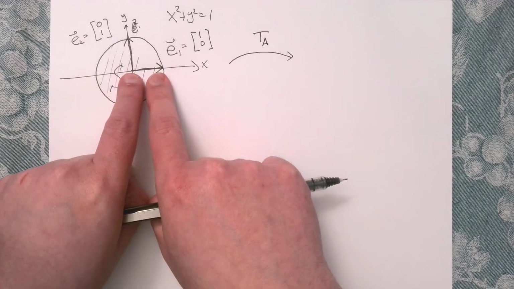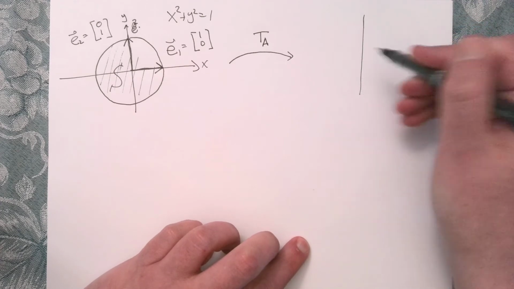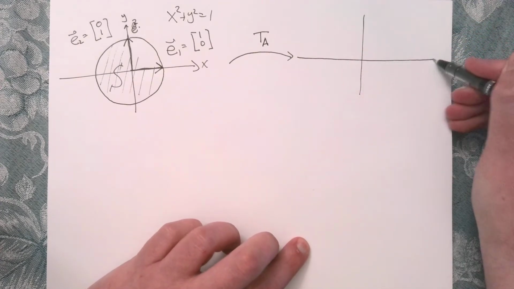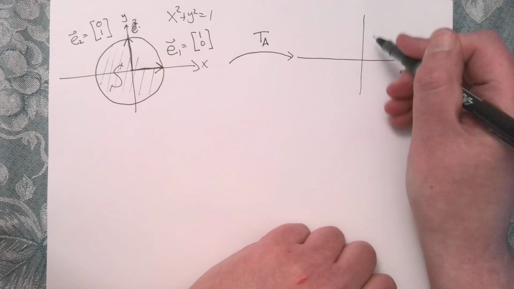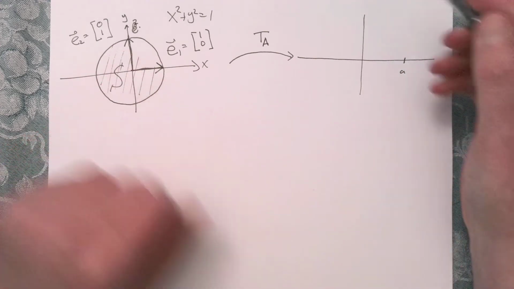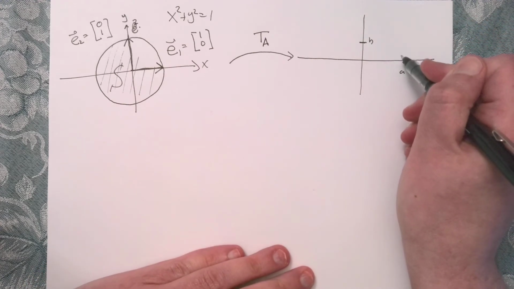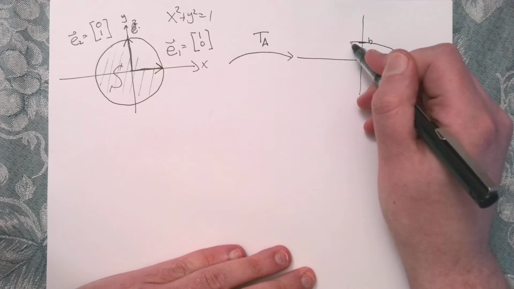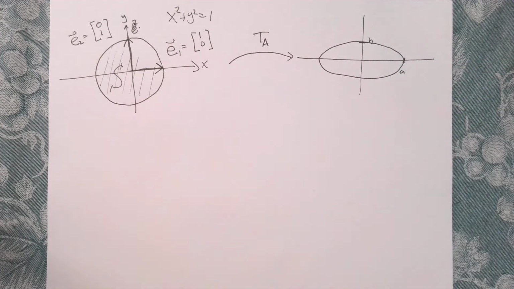So instead of being length 1, we want to stretch this so it's length a, and we want to stretch this so this is length b. Okay, and so here's our ellipse.